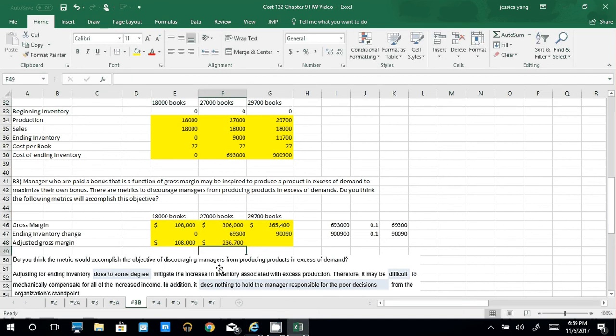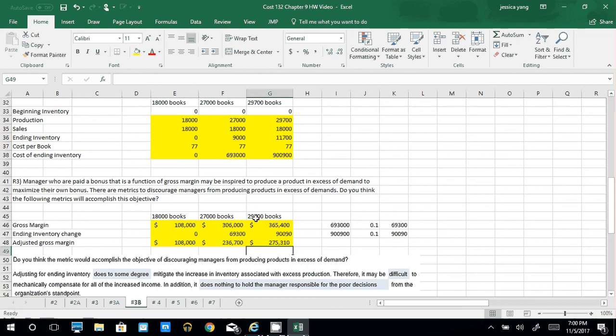That gives me $236,700 for adjusted gross margin. For the 29,700 books, I would take 365,400 subtracted by the 90,090. That gives me 275,310 for adjusted gross margin.